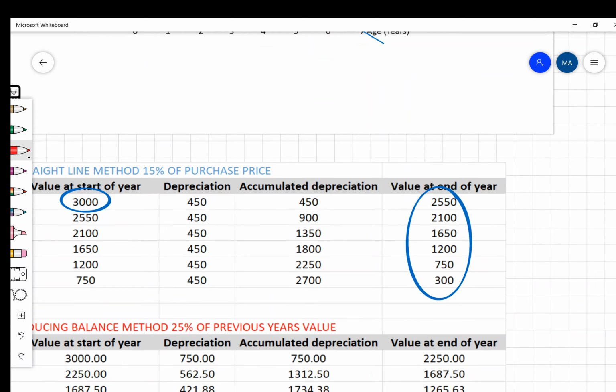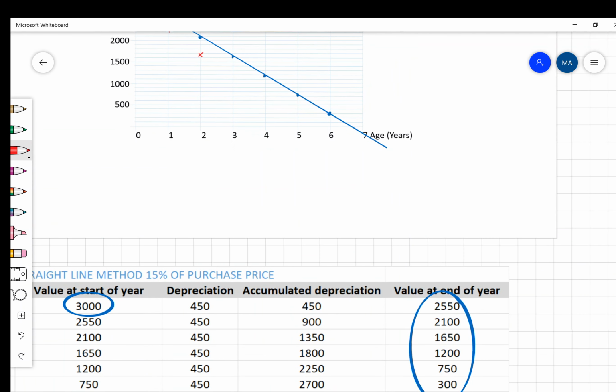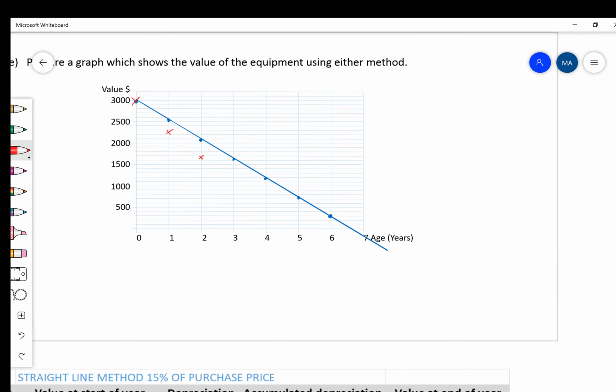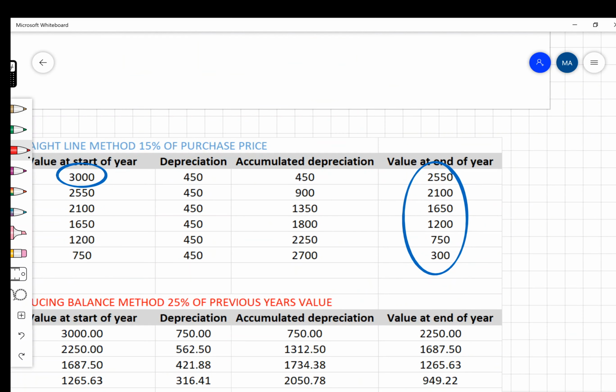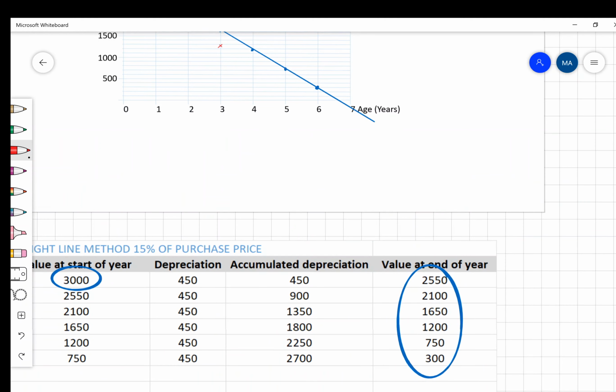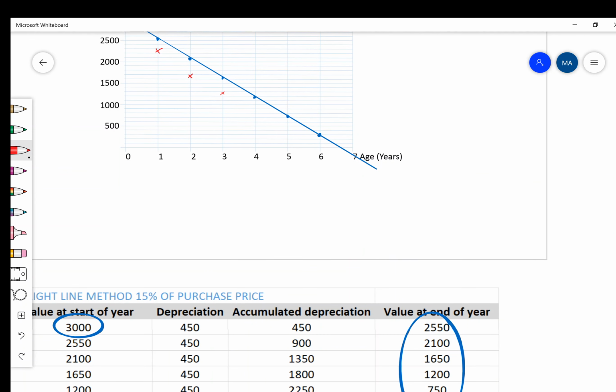Okay, 1,265, where are we? About there. Next one is 949, about 950-ish. So we're probably about here.